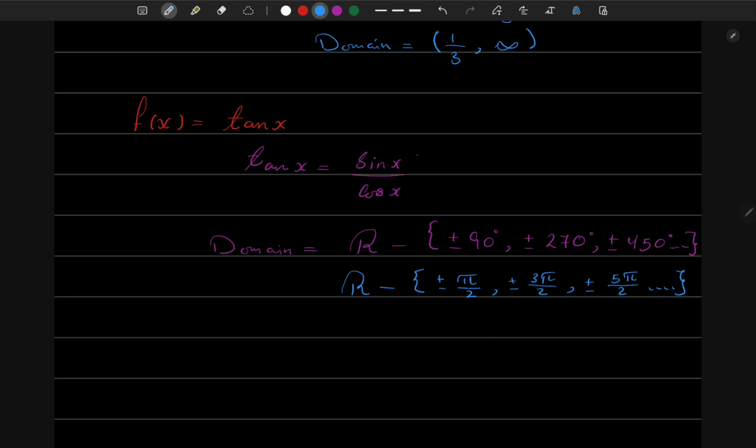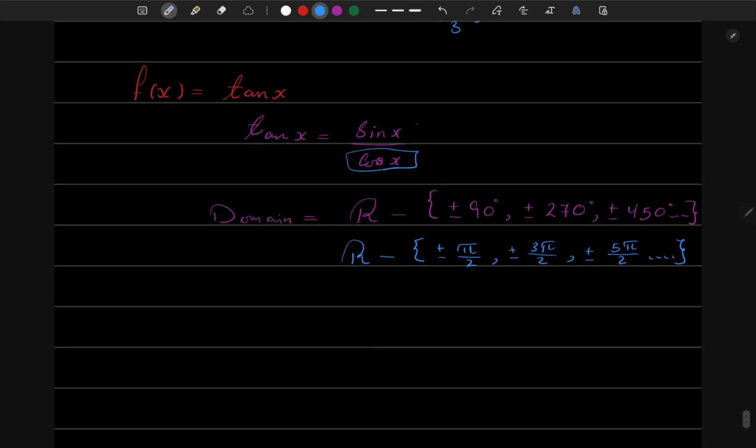So here are the values that, if I use them in cosine x, I'm going to get a 0 in the denominator, or if I use them in this function, which is tan x, I'm going to get a 0 in the denominator. So those values cannot be part of my domain.